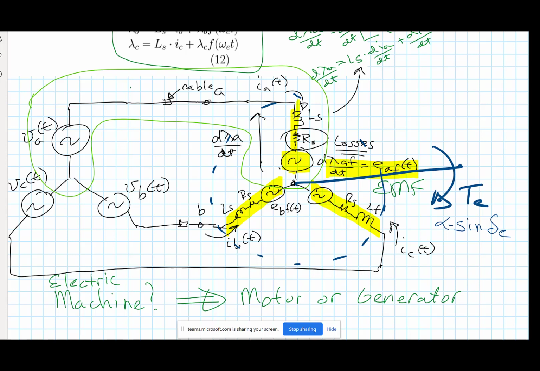So if I have a torque angle that's a negative angle, it's a motor. Now I put this as a del E. I might also call it just a del. But if del E is less than 0, it's a motor. If del E is greater than 0, it's a generator. Because it has to do with the torque. If it's a positive torque, it's going to be a motor.